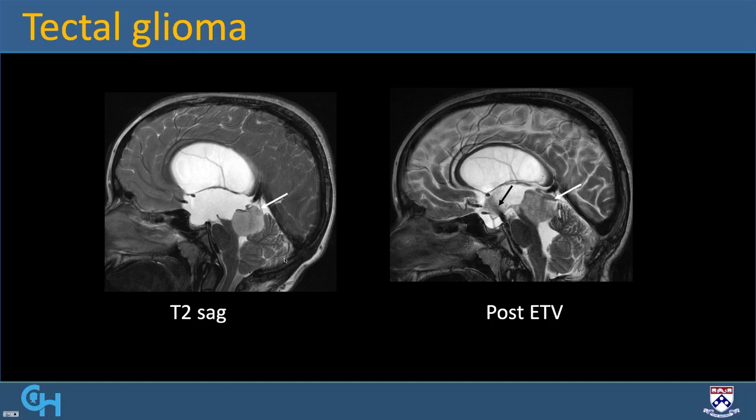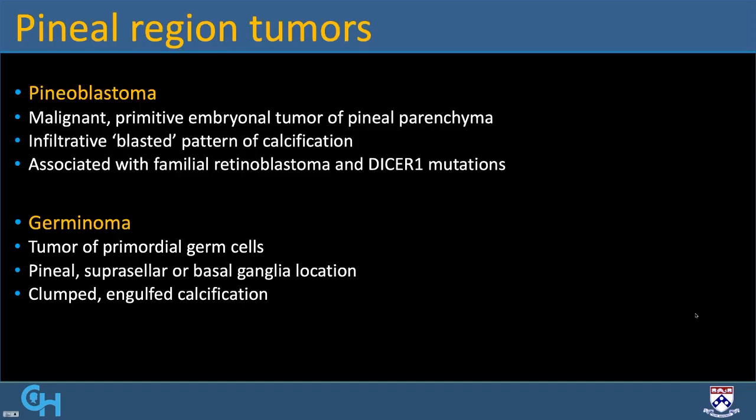And many times that itself is the treatment, and the patients may remain asymptomatic even though the tumor remains in the tectum. You just follow them up to see that the tumor is not growing, and that should be the only treatment in the majority of the cases, a CSF diversion for tectal glioma.